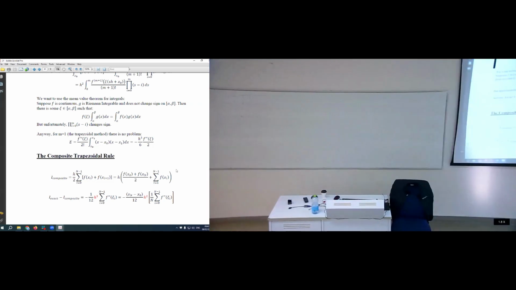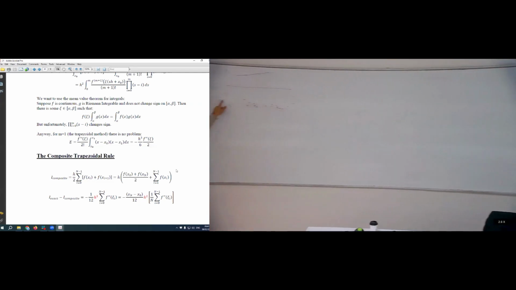And one h here is b minus a over n, and this is the average of the function, and there is some point, let's call it zeta also, or xi, which this average equals to the function evaluated at. Therefore, we say that the composite trapezoidal rule has an error of order h squared or of order 1 over n squared.